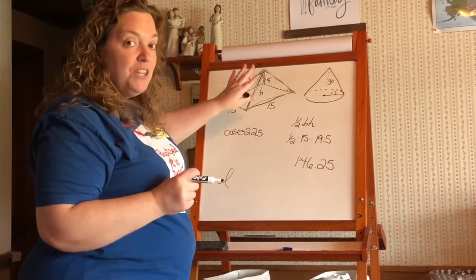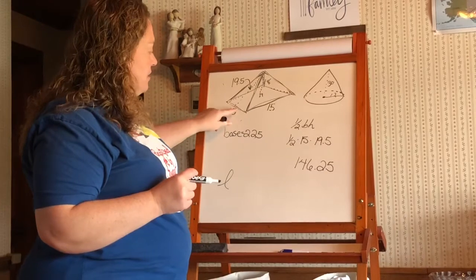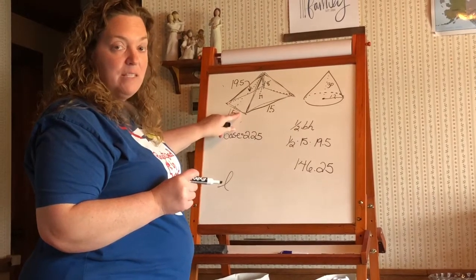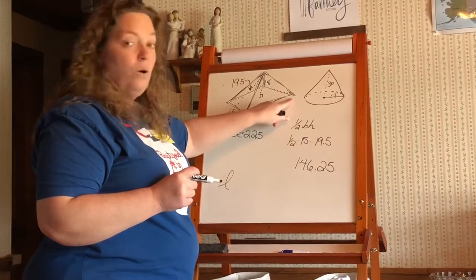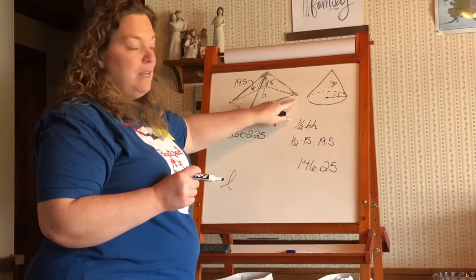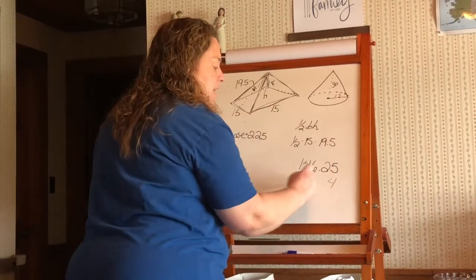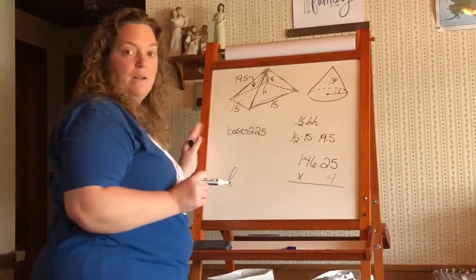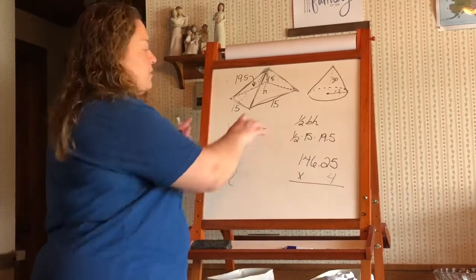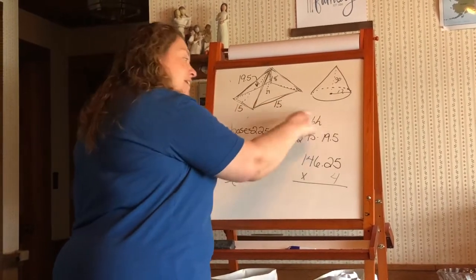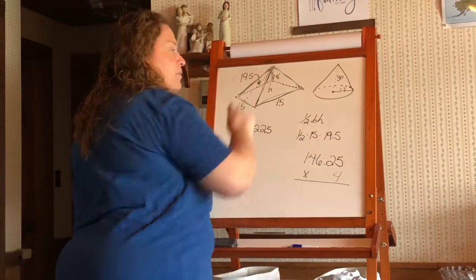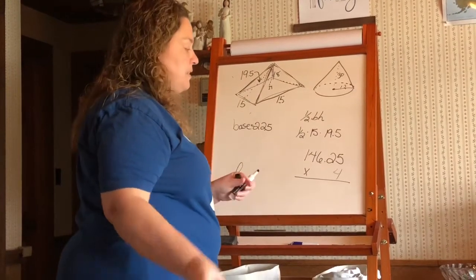Now, thankfully on this figure, the base of this triangle is equal to that one, so I can just multiply this times 4. If this were different, I would have to do the area all over again for this triangle, but they're the same.